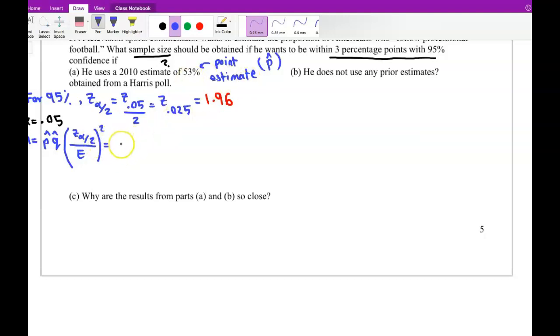Our p hat is 53%. Then q hat is 1 minus p hat, which is 0.47. For z, we got 1.96. And error is here, this is 3%.